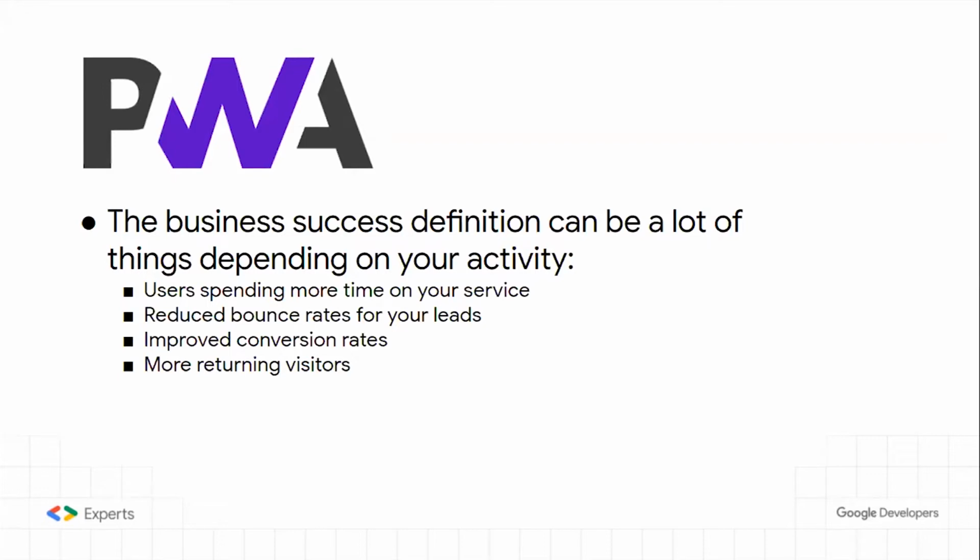They become something that will be your customers, or maybe they will buy something, or interact with people within your website or web app. Now, there's also improved conversion rates. That means, of course, they actually buy things, and again, more returning visitors.